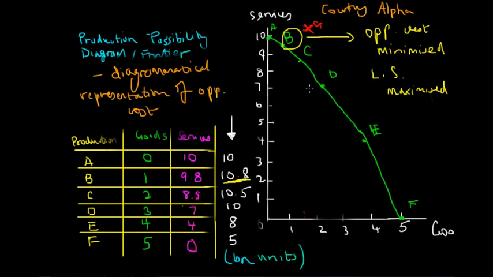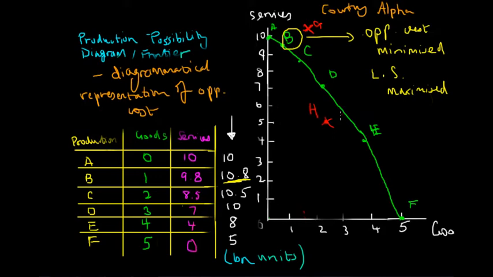And similarly, the production possibility diagram also shows where the economy is underutilizing resources, land, labor, and capital. So if they are producing at 3 billion units of goods and 5 billion units of services at point H, let's say, then they would be underutilizing their resources.